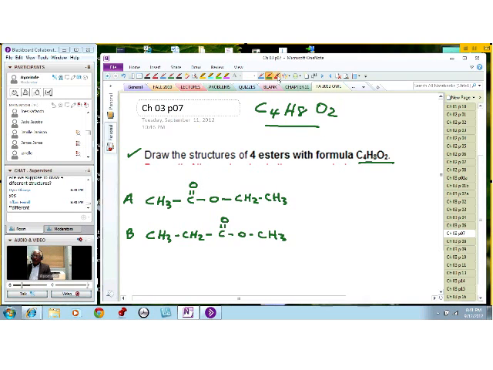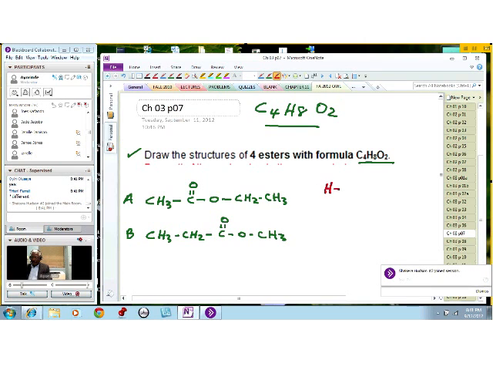Since they asked us to do 4, I'm going to do another ester. We have this here, could be this. Okay, look at the formula we have.